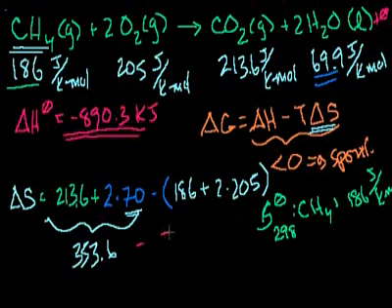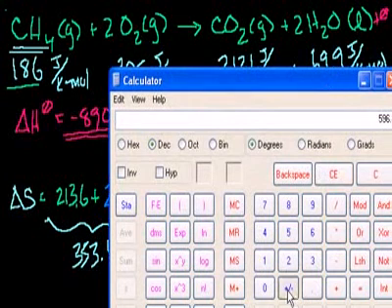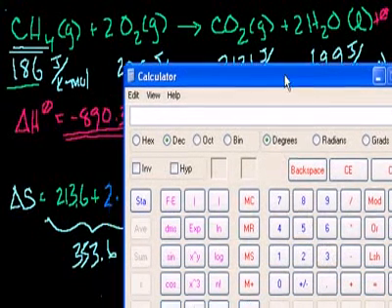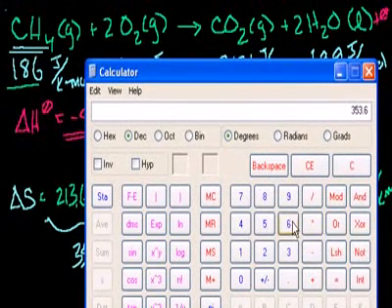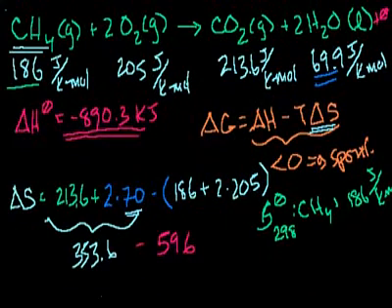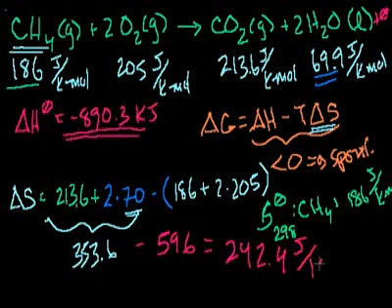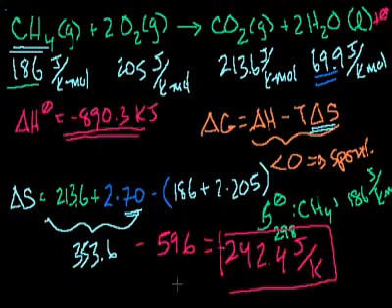So minus 596, and what is that equal to? We put the minus 596 and then plus the 353.6, and we have minus 242.4. So this is equal to minus 242.4 joules per Kelvin is our delta S.